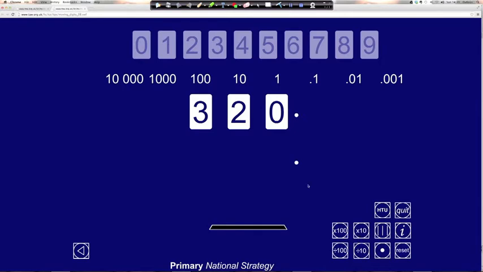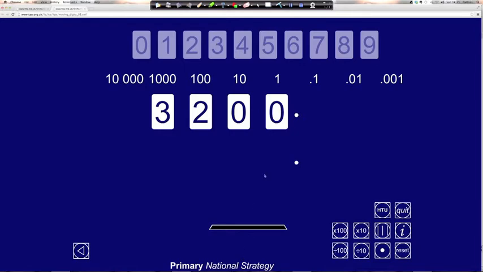So 3, 2, I have an empty space where my units column is, so I put in a 0. If I multiply that by 10 again, everything is going to move one place to the left. Now I've got 2 gaps at the end, so I need to fill those with zeros.